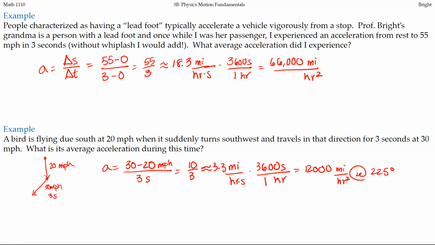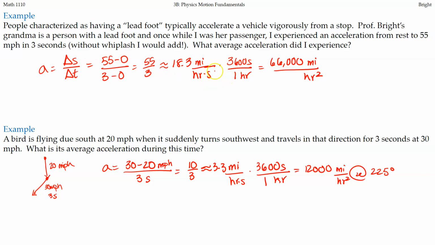And here are the solutions that I have. For this first one, the change in speed was going from 0 to 55, so you started at 0, ended up at 55, in 3 seconds. Then I noticed something really awkward. The units on this, 55 would be in miles per hour, and 3 would be in seconds.